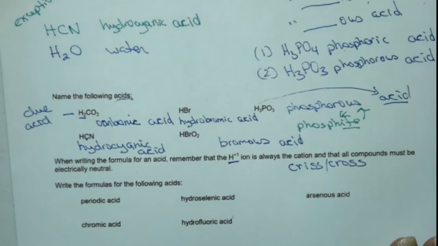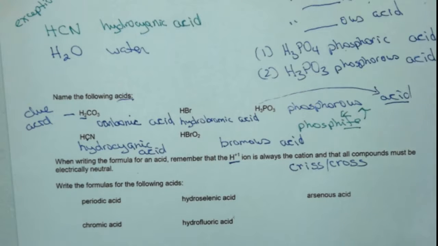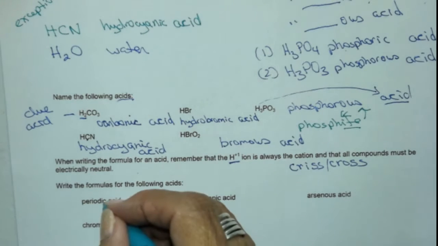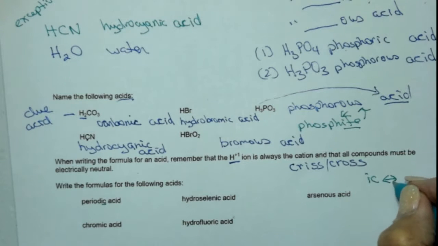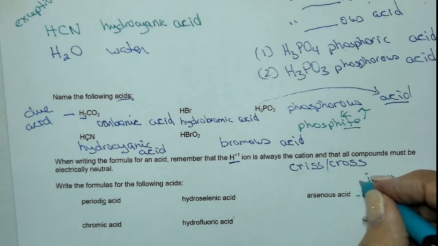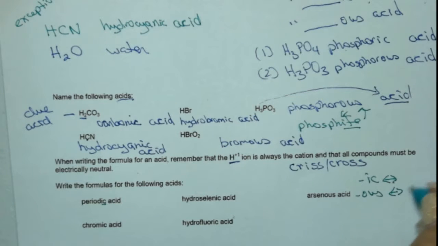So I look for clues. I look for the clue hydro. I look for endings like ic and us, these suffixes. They tell me what the endings were changed from. So that will help me in the formation of these compounds.